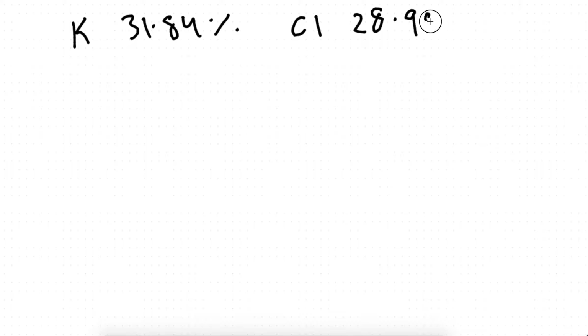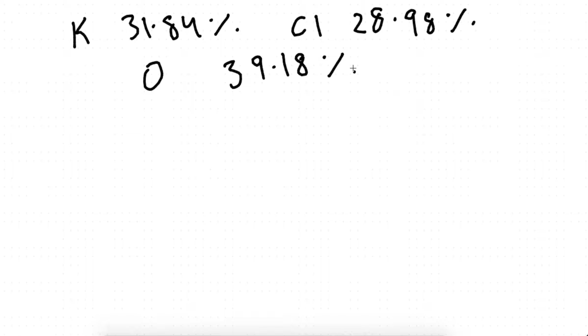A potassium compound has a percentage composition as the following: K 31.84%, Cl 28.98%, and the last one is oxygen, which is 39.18%.